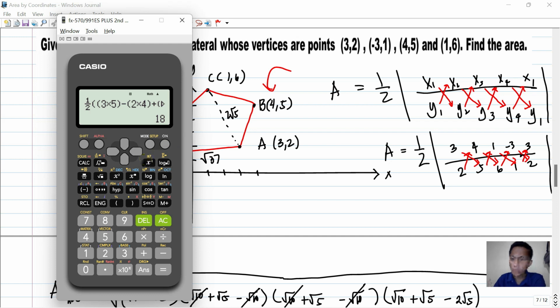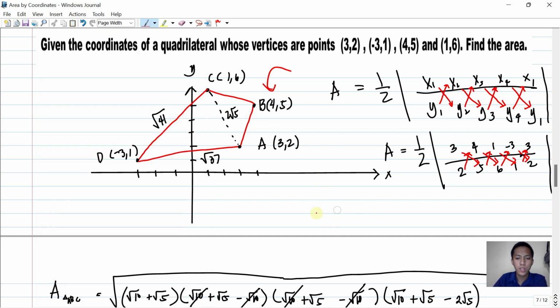So that's how you solve using the shoelace method. Area is equal to 18 square units. Just pick a method. If you are in college, of course, you need manual solving, which is required in exams, right? For the board exam, the method I advise is the shoelace or the matrix method.